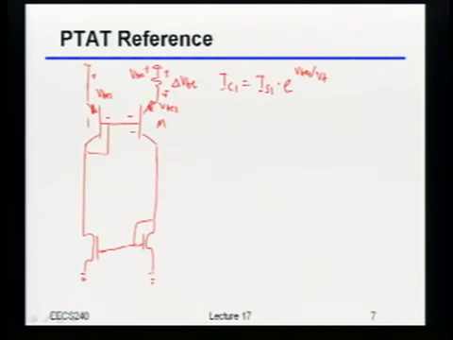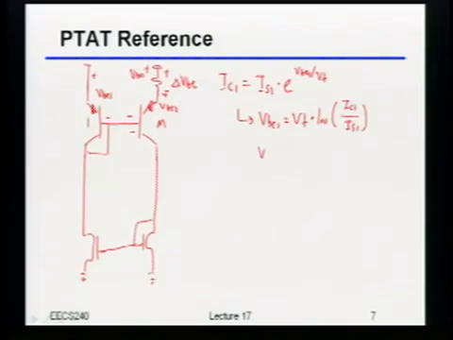Okay, so I'm just going to rearrange this slightly, because what I really want is to know something about VBE as a function of the current. So what I'm actually going to say is that this then says that VBE1 is just equal to the thermal voltage times the natural log of IC1 over IS1.